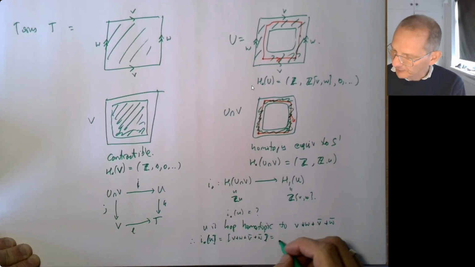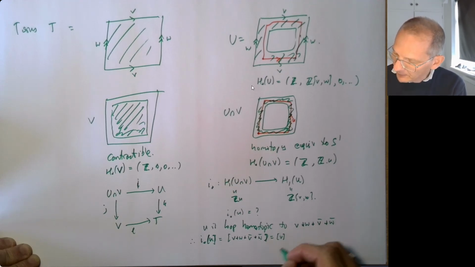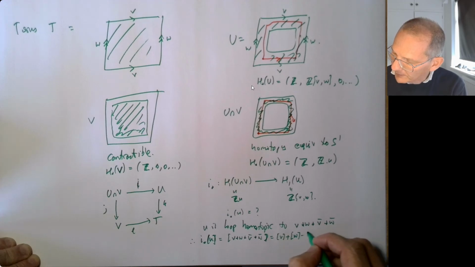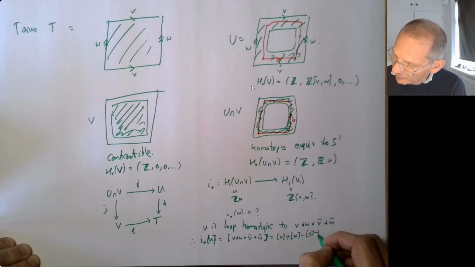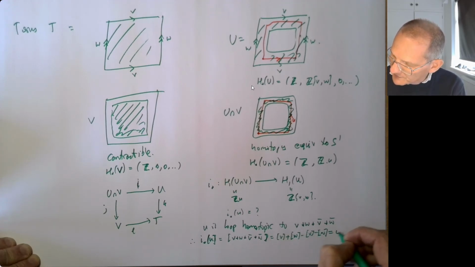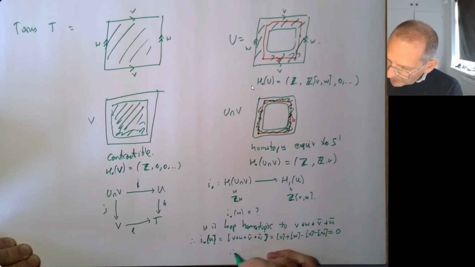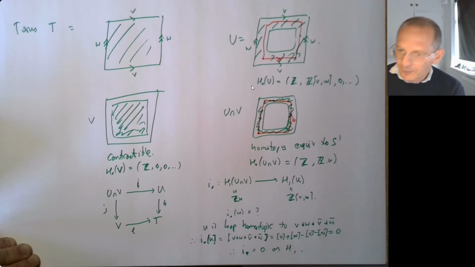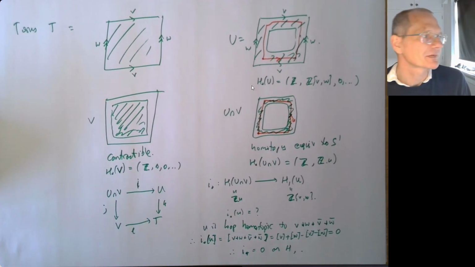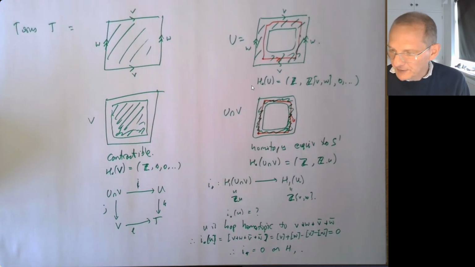So modulo boundaries, this is the same thing as [V] plus [W] minus [V] minus [W], which is 0. Okay. So our conclusion is that this I lower star map is actually 0 on H1.